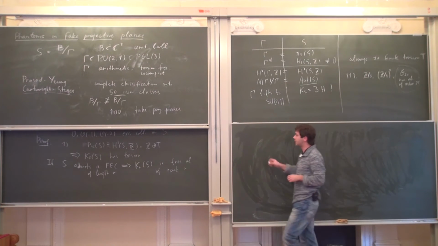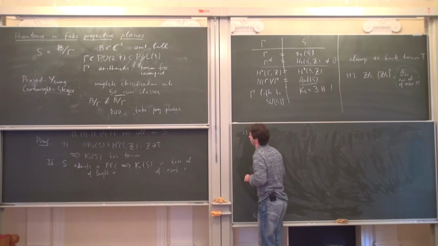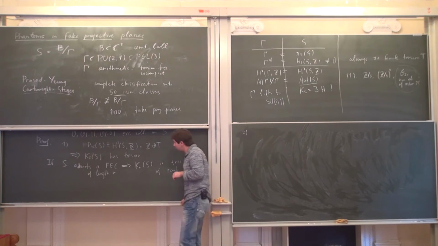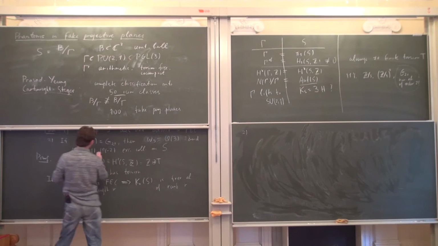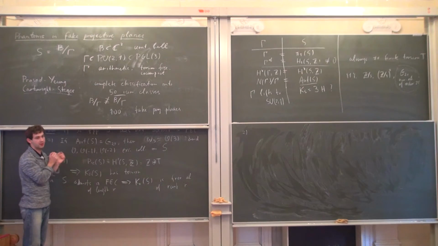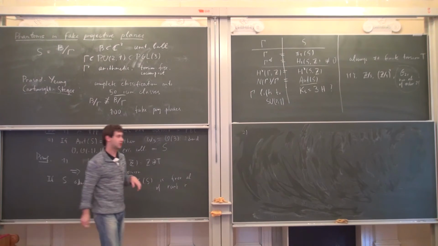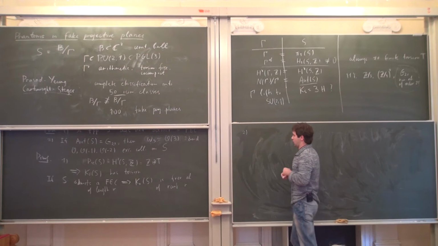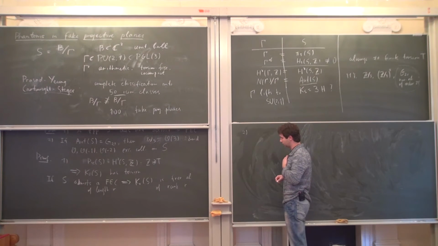Right, and then for the second part, we need to prove that this triple is an exceptional collection. So we need to prove some vanishing of Ext groups. It's an exercise in homological algebra, which we can now do.